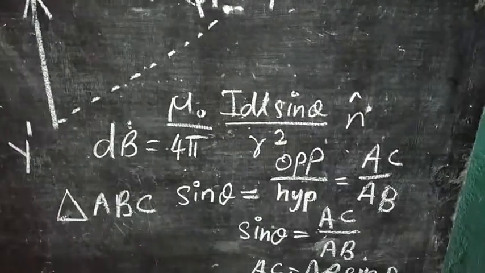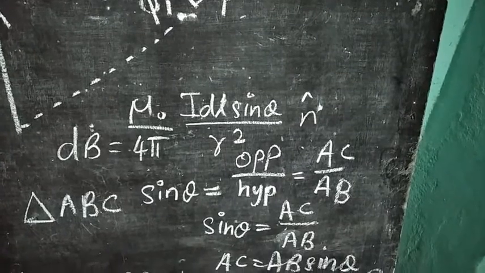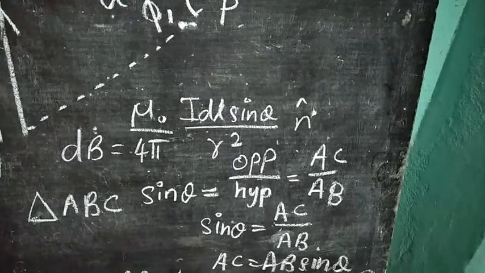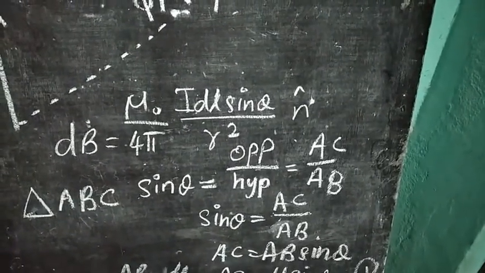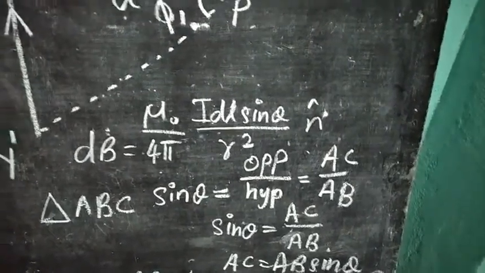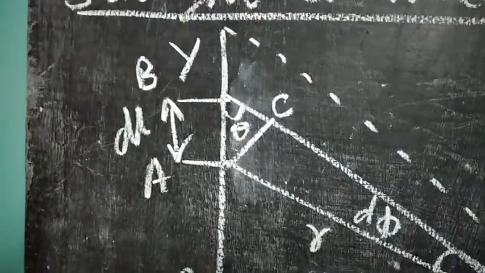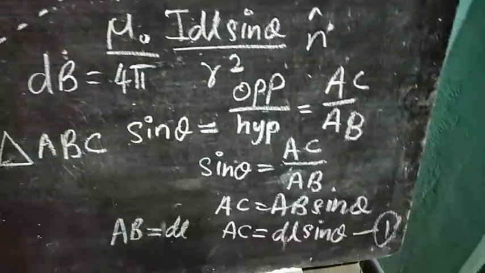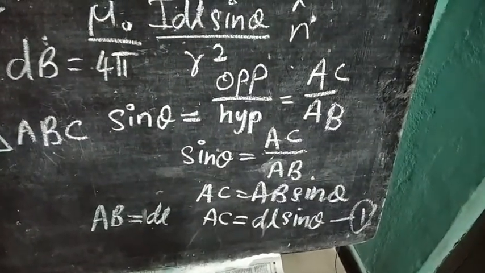So sin theta is equal to AC by AB. Rearranging this equation, AC equals AB sin theta. From the diagram, AB equals dl. Substituting this value, we obtain AC equals dl sin theta. This is equation 1.